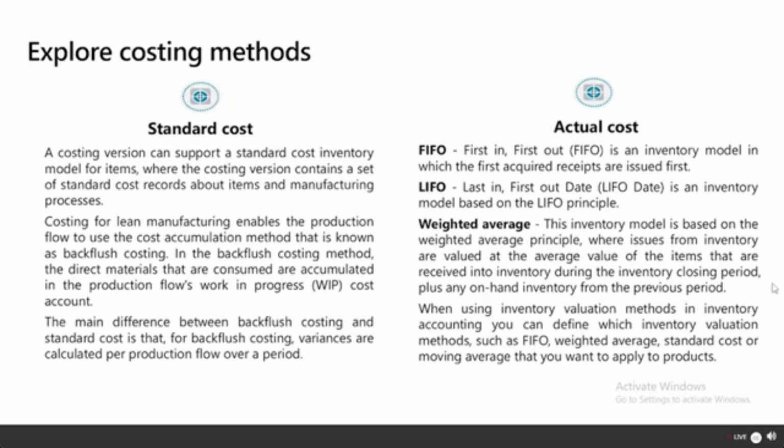You have what's called first in, first out, or you might hear it called FIFO. This is where your company is selling the product that they brought in first. Whereas LIFO, or last in, first out, is where you are selling the inventory you brought in last. And then we have weighted average, which is basically where you average the cost of the inventory and how much you sell over a period of time.